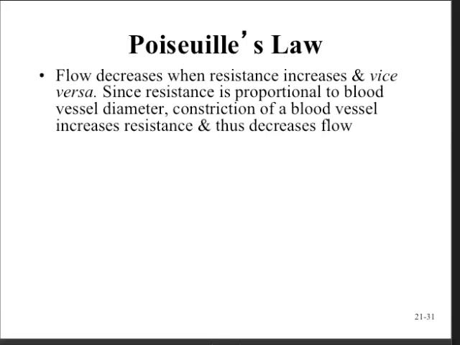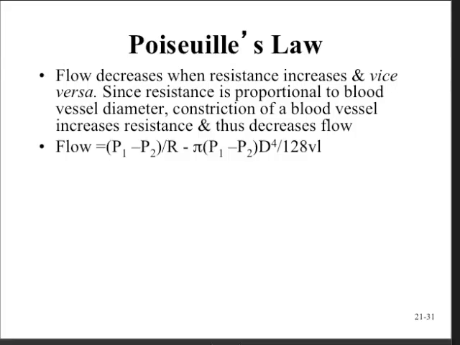Poiseuille's law is simply a relationship between viscosity, vessel length, and flow. Flow decreases when resistance increases and vice versa. Since resistance is proportional to blood vessel diameter, constriction of a blood vessel increases resistance and as a result is going to decrease the flow. So we can state this essentially as a restatement of our original equation, delta P over R is equal to flow.